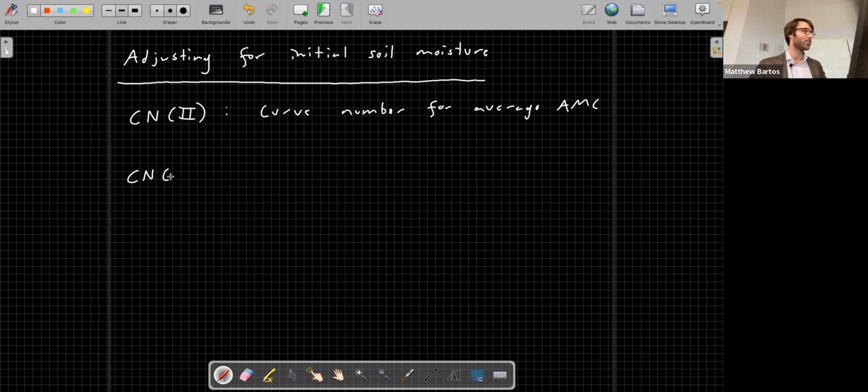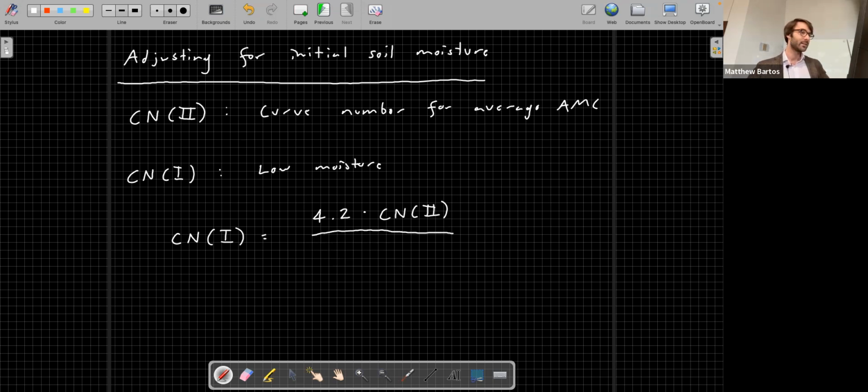Okay, so for CN1, this is for low moisture. To adjust to a low moisture curve number, we take our curve number for average AMC and we use the following expression: 4.2 times CN2, divided by 10 minus 0.058 times CN2.